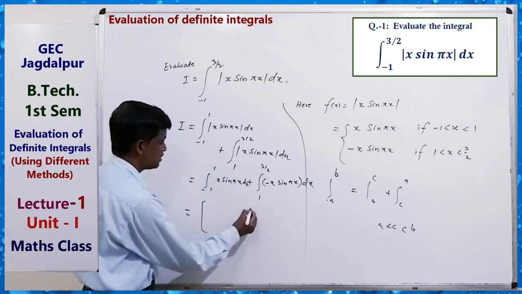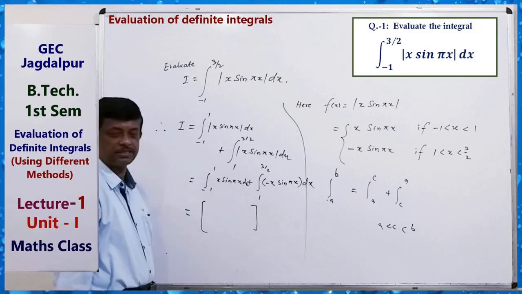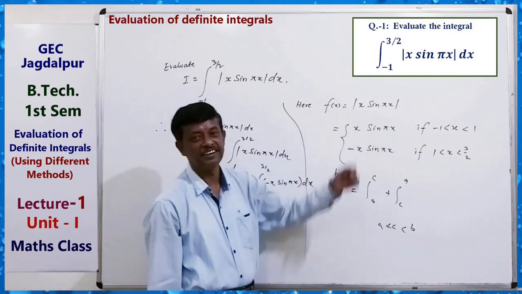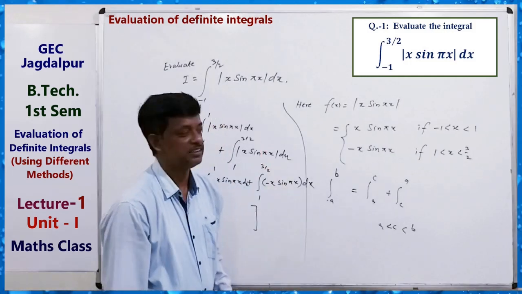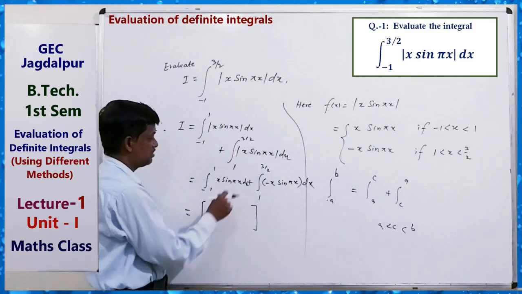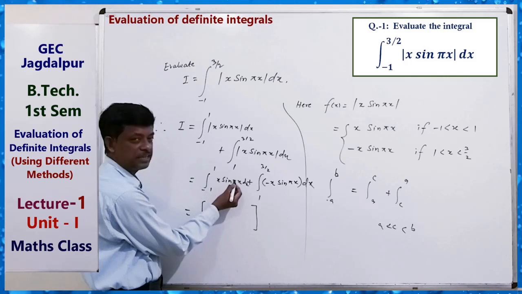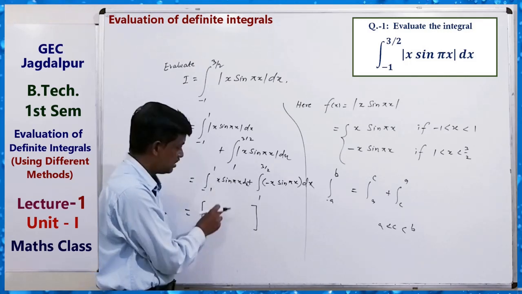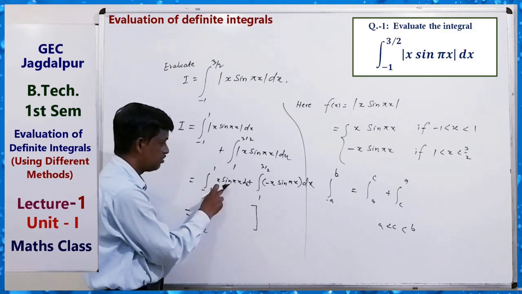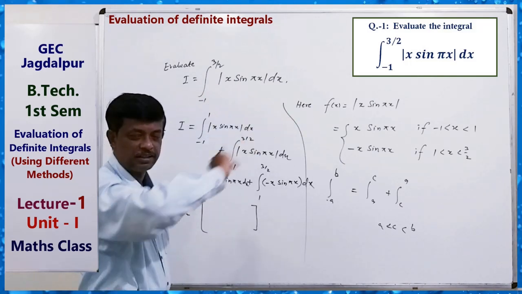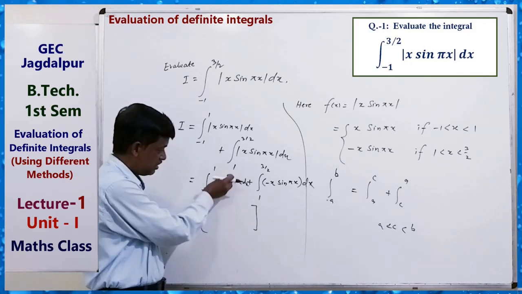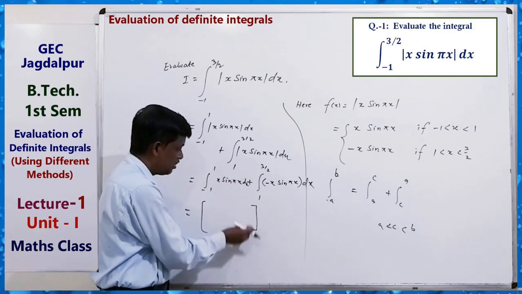Okay, its integration is what? First integration, x sin pi x. How can you integrate it? By parts. If you use by parts, then this x will be the first function and this is the second function. By the fundamental theorem, these are independent integrals, just put in and apply the limit.